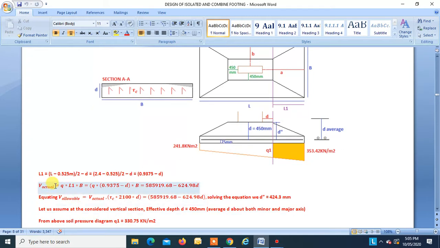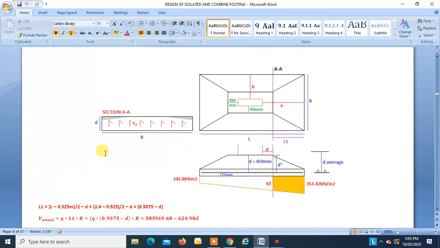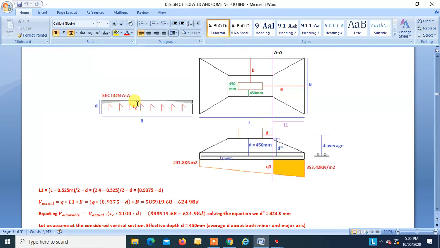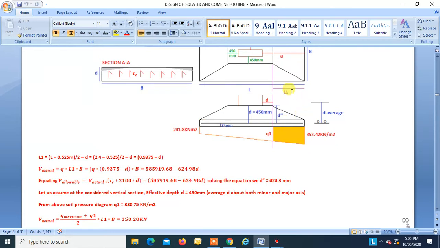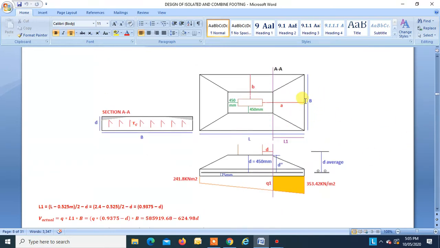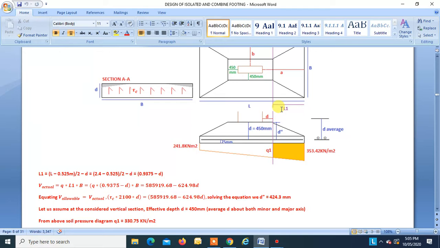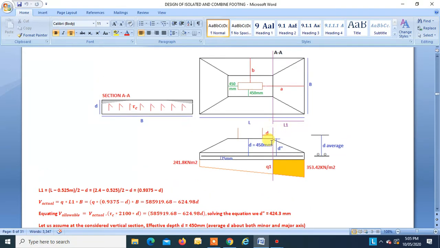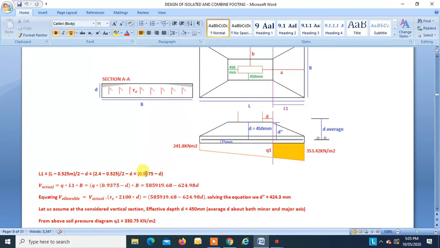So V actual is Q average, which we found over here, into L1 into B. L1 we can find in terms of D. We know this is 0.9375 minus D, so L1 is equal to 0.375 minus D. Putting this value of L1 over here, we get 58591.68 minus 642.98 D.